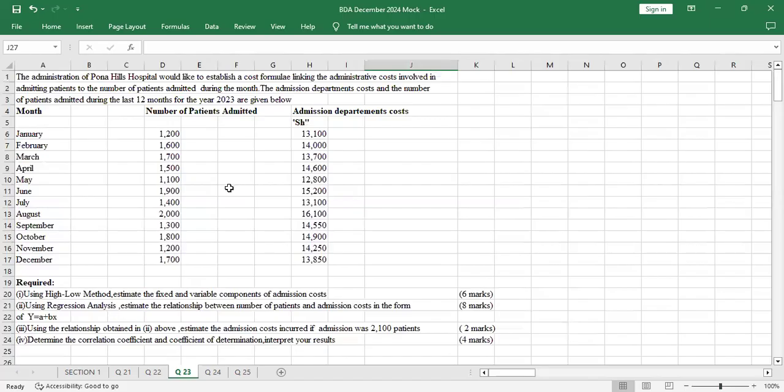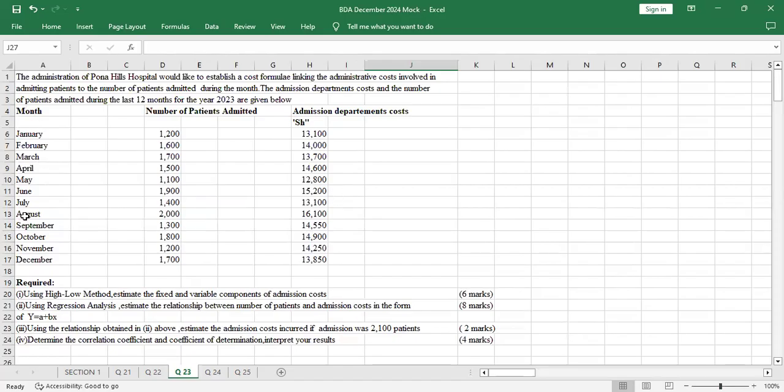The administration of Pona Hills Hospital would like to establish a cost formula linking the administrative costs involved in admitting patients to the number of patients admitted during the month. The admission department's costs and the number of patients admitted during the last 12 months for the year 2023 are given below.